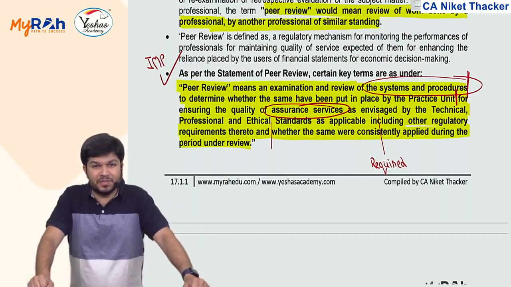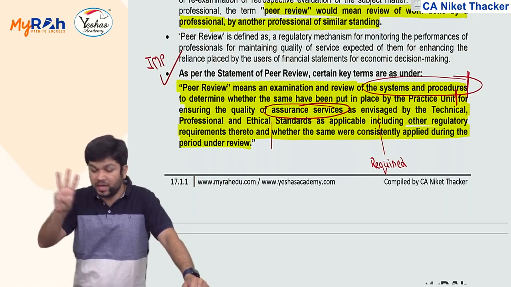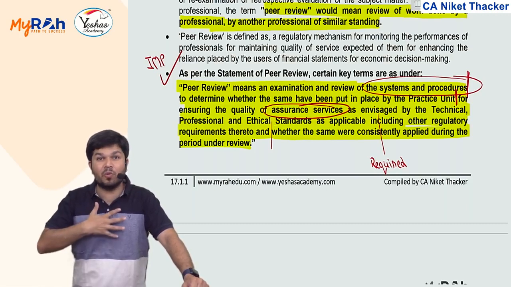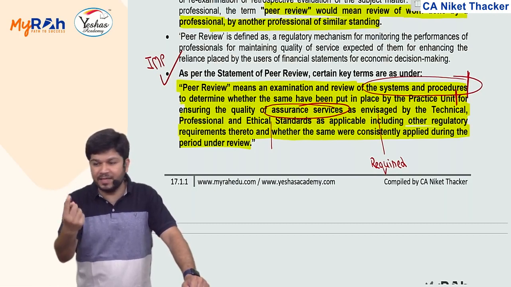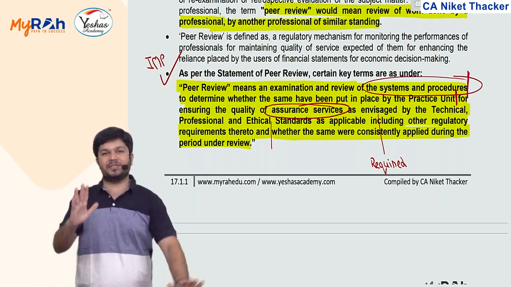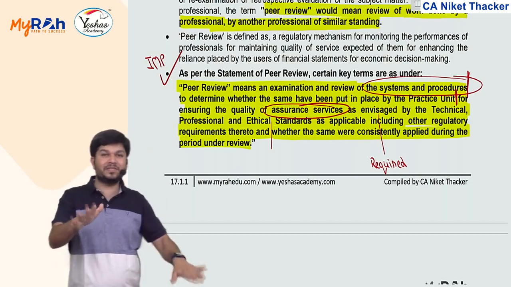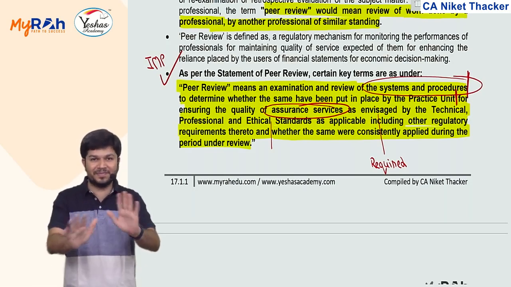Whenever a reviewer comes, he can review 3 years of work. For all those 3 years, whether the systems and procedures were implemented so that the quality of assurance services is as required by technical, professional, ethical standards and the regulatory requirements. If you understand the definition, the full chapter is easy. The full chapter revolves around this.